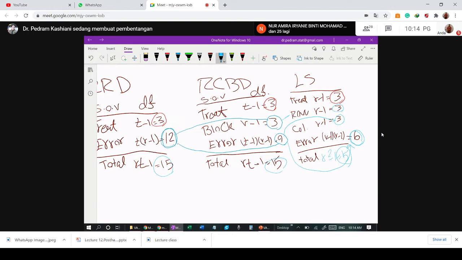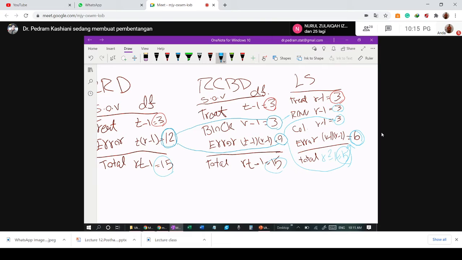When I go to Latin square, of these 12, 3 I give to blocking by row, another 3 I give to blocking by column, and whatever is left, which is 6, remains for the error. So you can see that's why in the Latin square, degrees of freedom for the error become very small. Therefore, you shouldn't use Latin square unless necessary. This is very important. Do not think that Latin square is a more complicated and better design than RCBD.